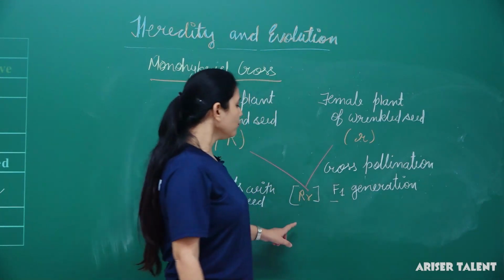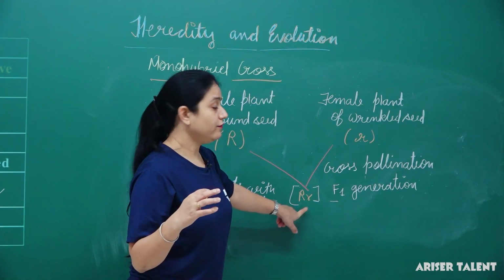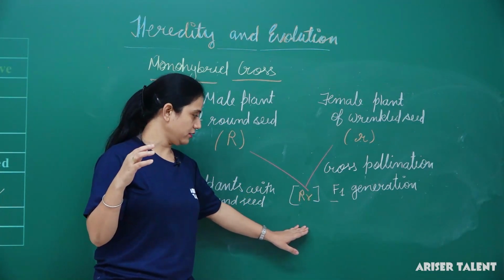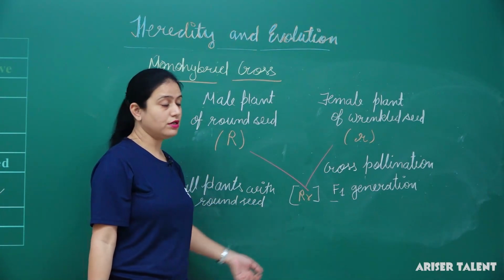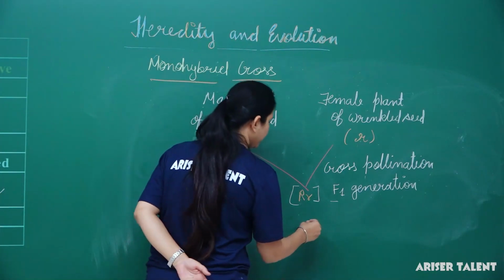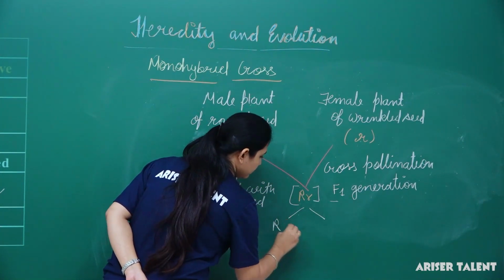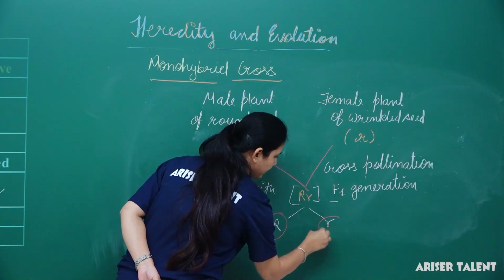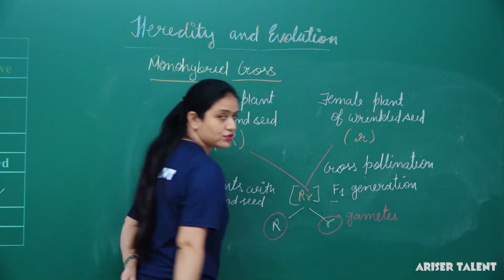Fine. Then he let the flowers do the self pollination. When he allowed pollination in the F1 generation, what was the result? The gametes will be capital R and small r. These were the gametes for the F2 generation.